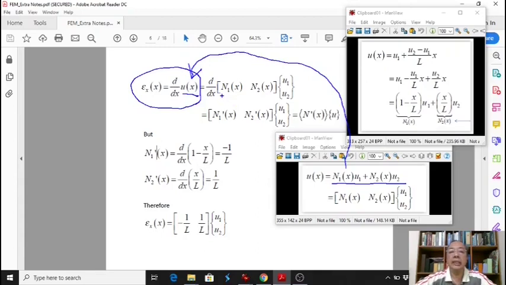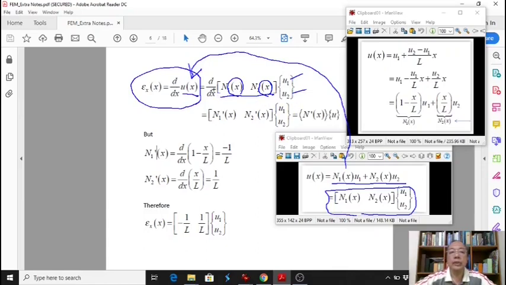N1 and N2 are functions of x, and U1 and U2 are not functions of x, since they are nodal displacements.